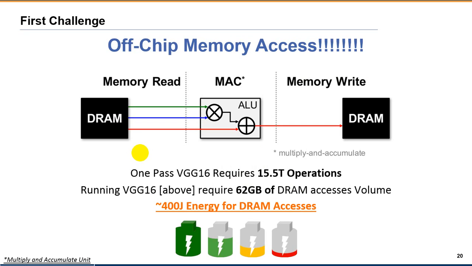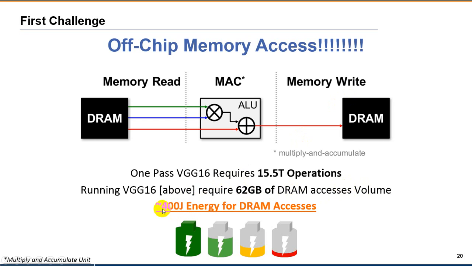So for example, if we have this MAC unit which is multiplying and adding a single input and filter and the previous partial sum, and we are writing every data off chip, we will require almost 62 GB of DRAM access volume, which is very energy inefficient.